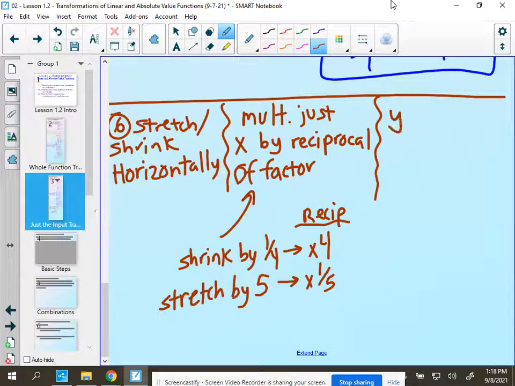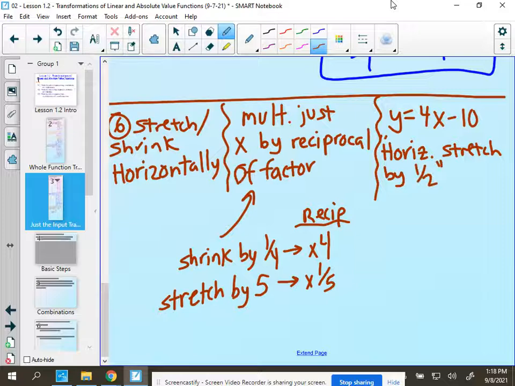Okay, let's try it. Let's see how we do. Here's my original. Y equals 4x minus, let's keep it even here, 10. All right, sweet. And now I want to do a horizontal stretch by, let's just keep it simple, 1/2.